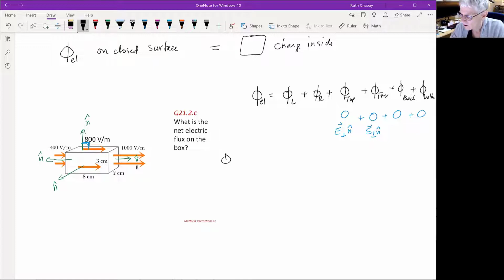So the flux on the left face is going to be 400 volts per meter times the cosine of 180 degrees, because the field is going in, but n hat is going out, times 0.03 meters times 0.02 meters, the surface area of this end cap here.